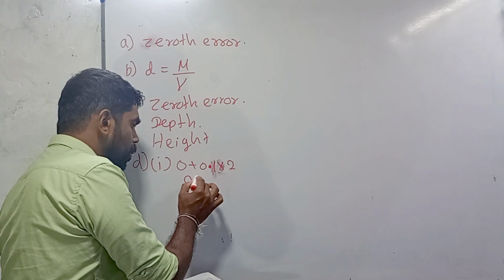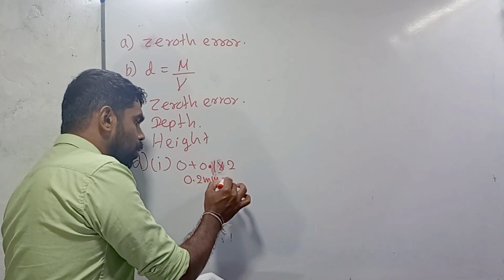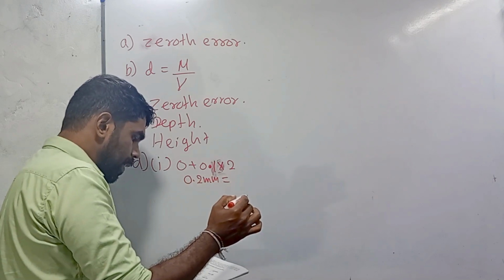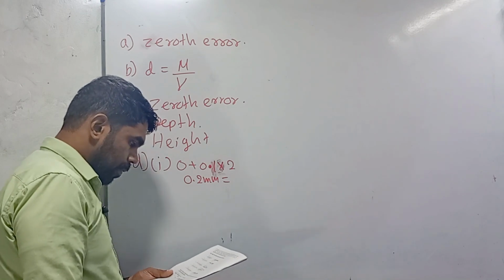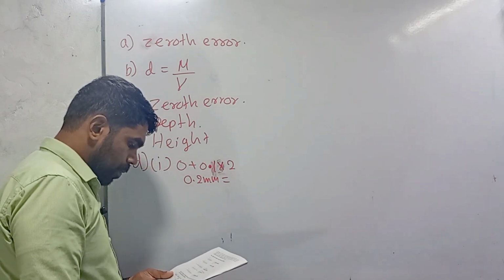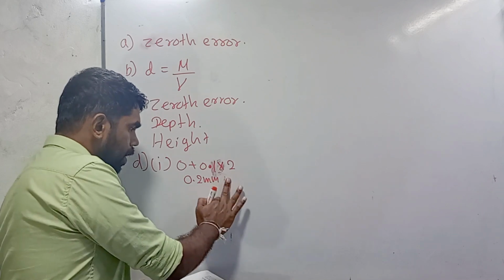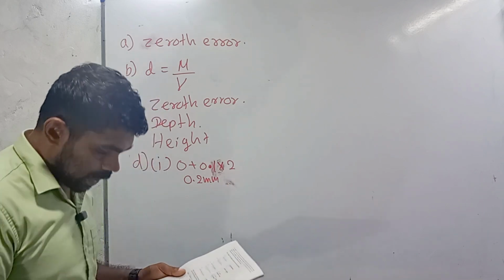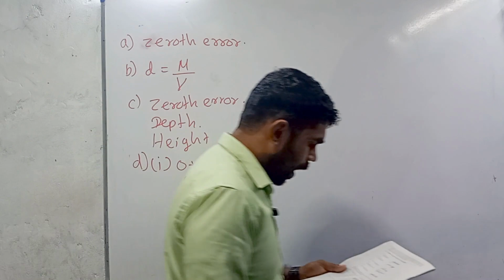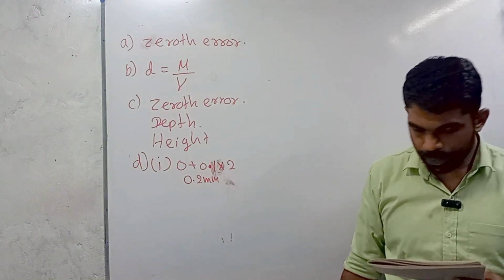Then it is 0.2 millimeters, but they have given the answer in centimeters. Now I will write it without converting to centimeters. I will write all values in millimeters.